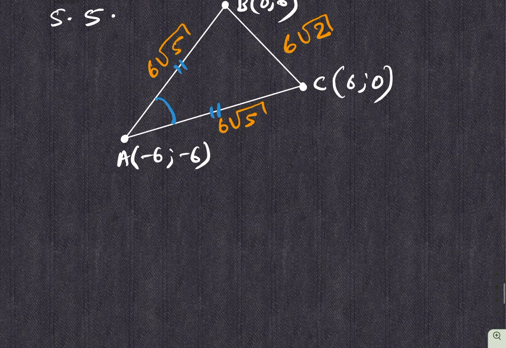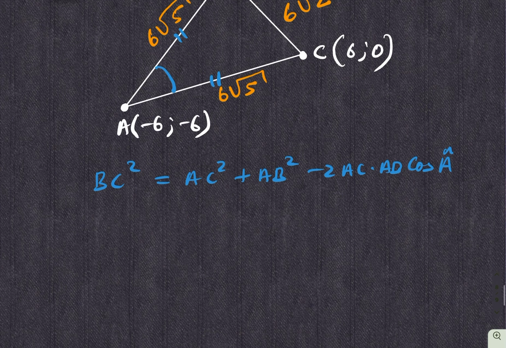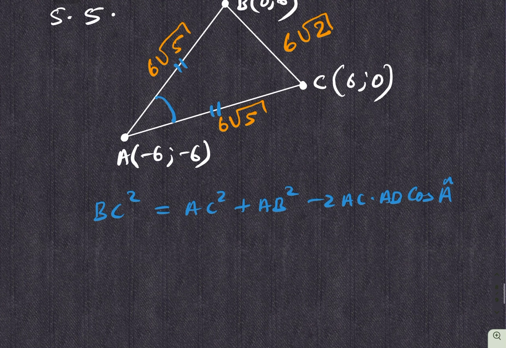You are going to use the cosine rule to say that BC squared equals AC squared plus AB squared minus 2 AC multiplied by AB cos of the included angle, and that is angle A. What is BC squared? BC is 6 the square root of 2.